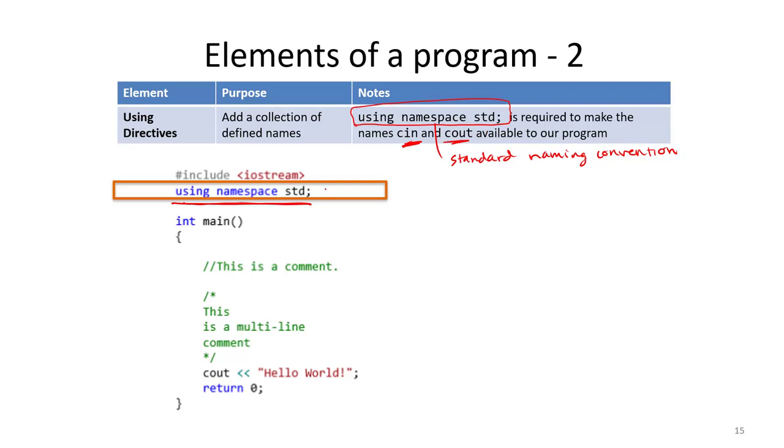If you do not have this line using namespace std, then you might see that programs will have to include something like this. And that's because we have to specify what naming convention we're using.